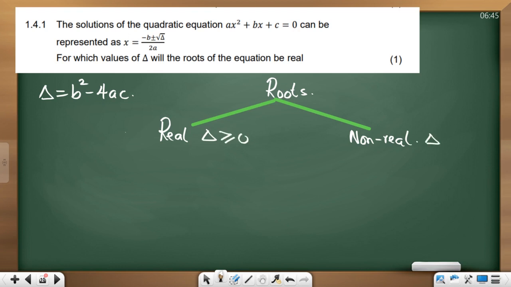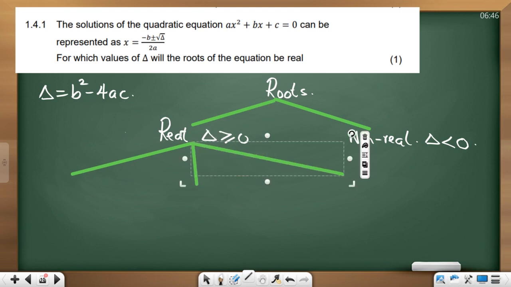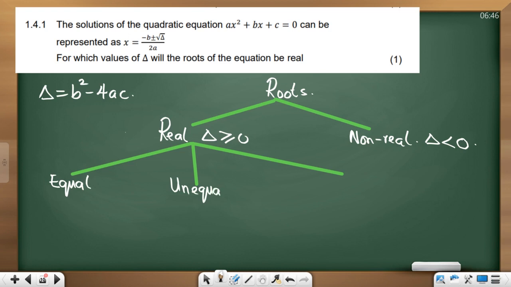If they are non-real, my discriminant must be less than 0. Now, when they are real roots, there could be 3 types. They could be real and equal, real and unequal, real and rational.